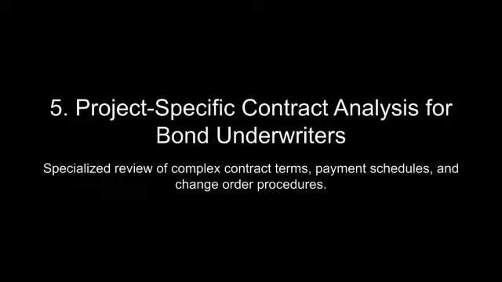Theoretical frameworks, such as the principal-agent model, provide valuable insights into the dynamics of subcontractor relationships. Under this model, the primary contractor acts as the principal, delegating specific tasks to subcontractors, the agents, while retaining overall responsibility for project completion.